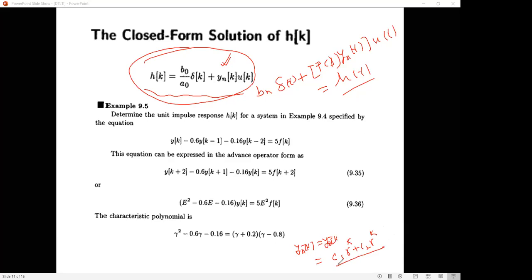So once this is determined, then you have to apply your initial values there to find C1 and C2. Then this should be applied in this equation to find the value of your delta K.